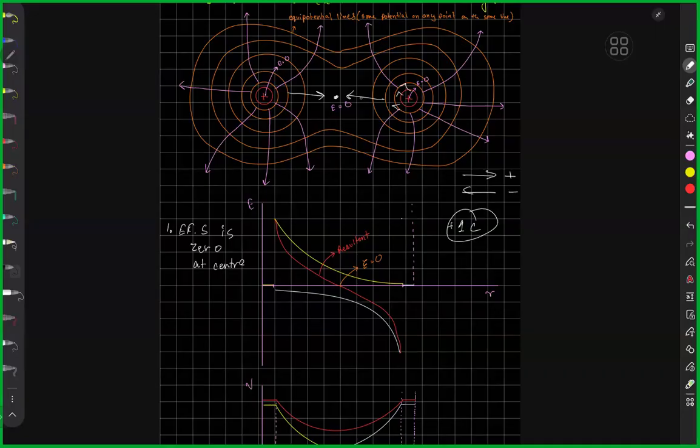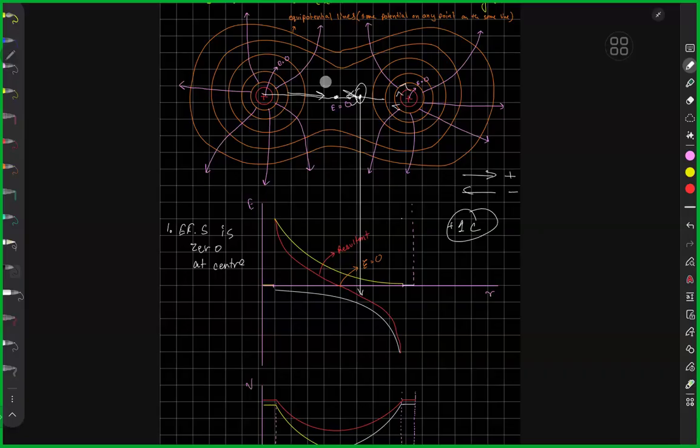And why does it become negative over here? If I have 1 coulomb of positive charge right over here, why is the force on it negative? Because I have classified left as negative. So notice the repulsion from this positive charge leftwards is way stronger than the repulsion by this positive charge rightwards.